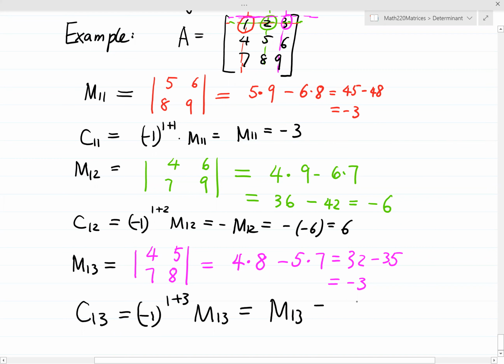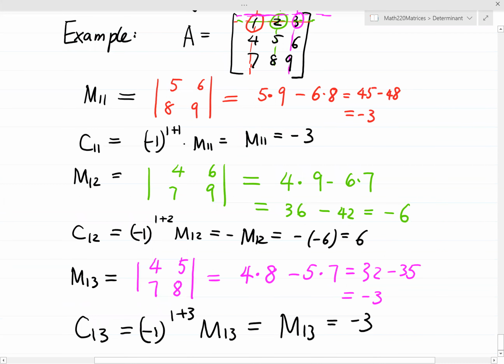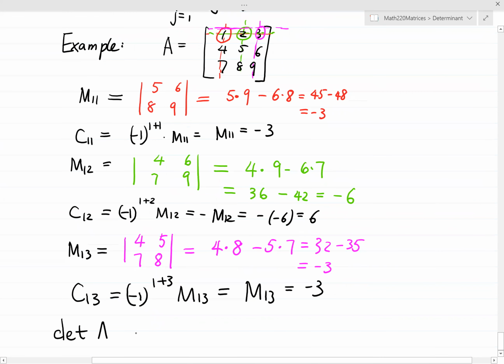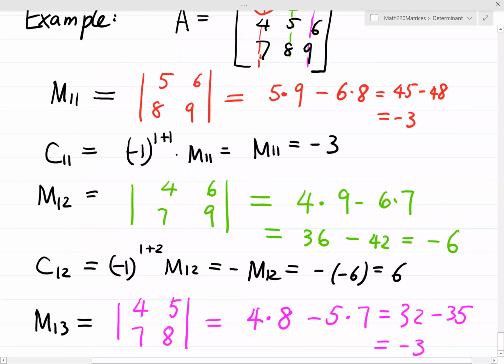It's negative 3. Okay, so how do we find the determinant of A? By definition, we expand along the first row.